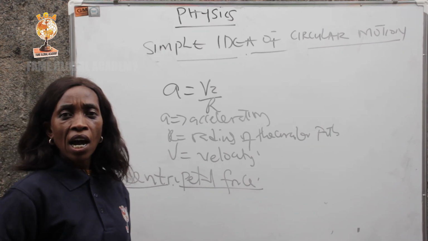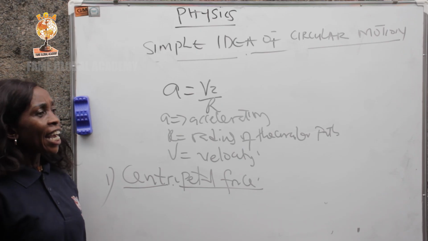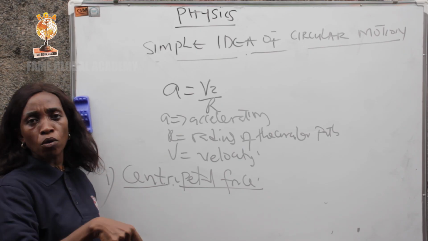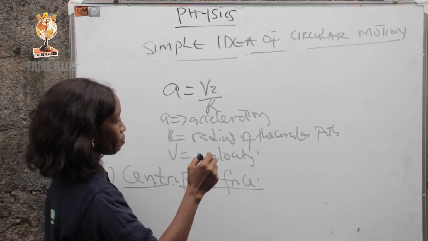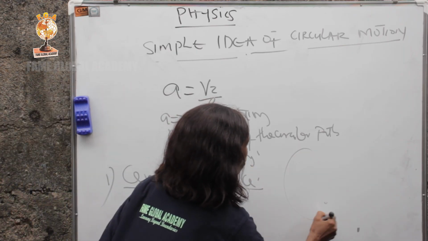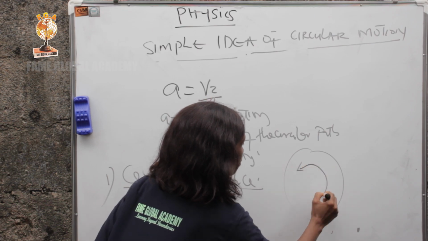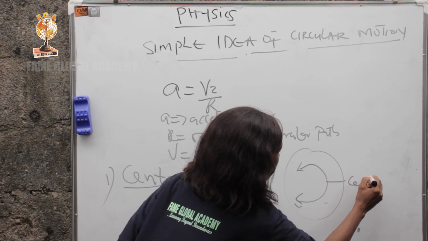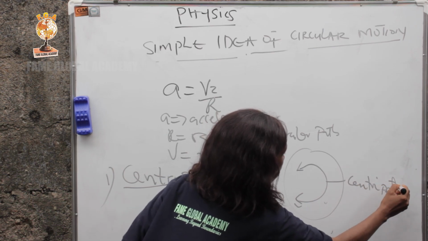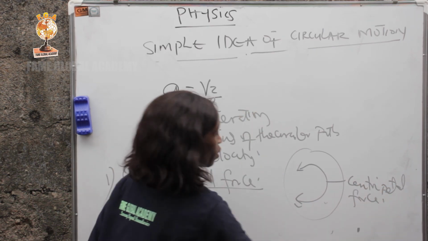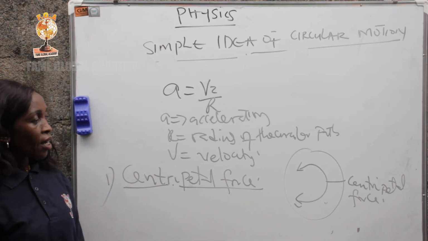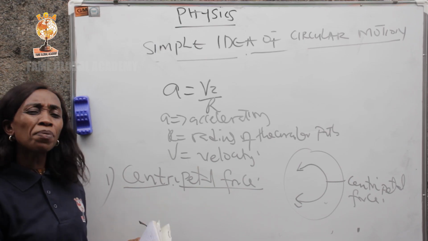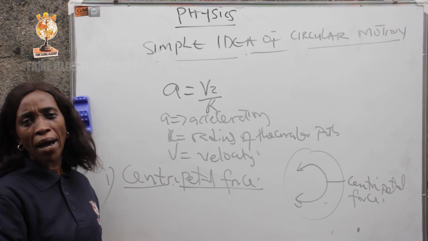Centripetal force is the inward force. Now remember, moving in a circular form, we say centripetal force is the inward force that keeps a body moving in a circular path.